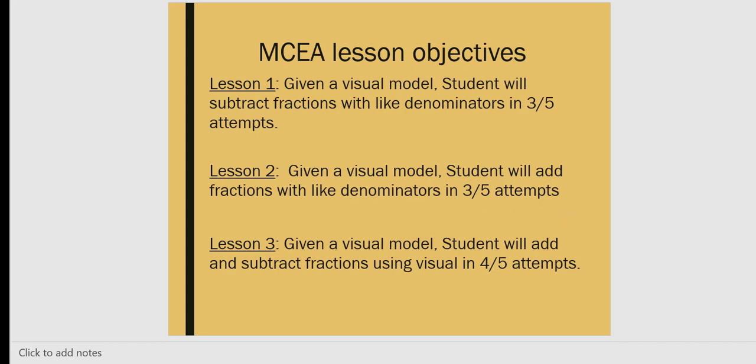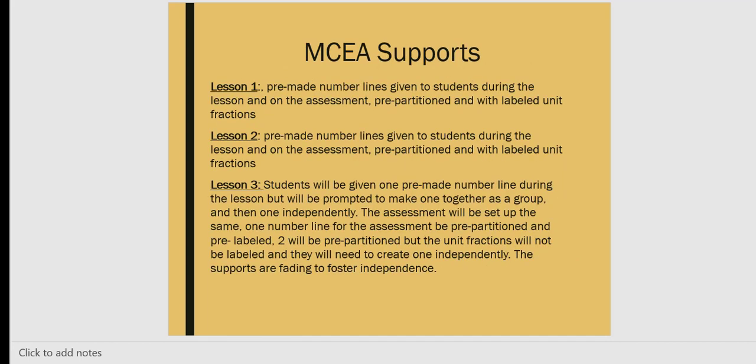Each daily lesson progresses from the student's number of attempts, increasing from 3 out of 5 to 4 out of 5 by the end of lesson 3.